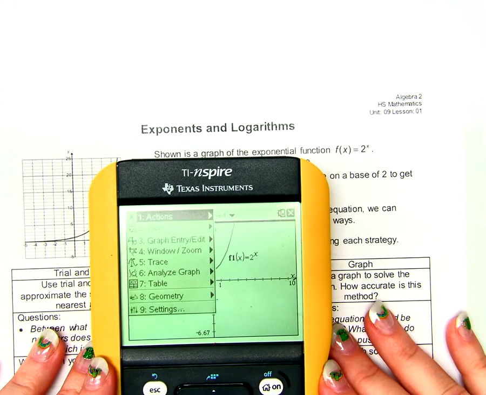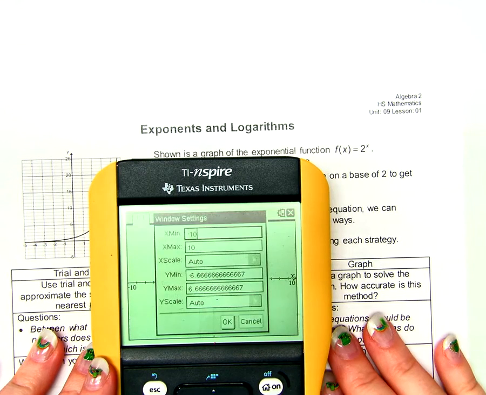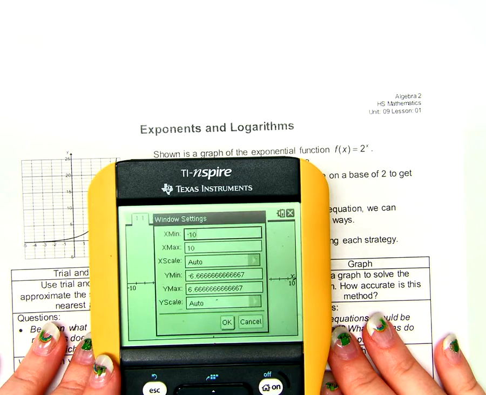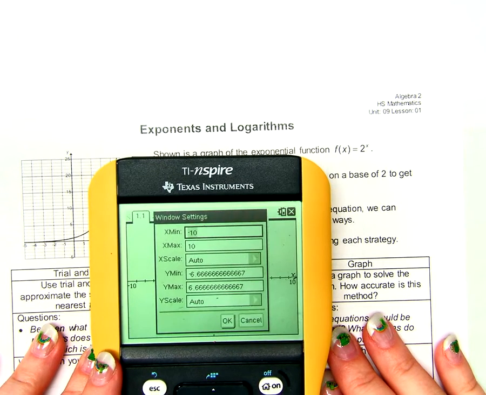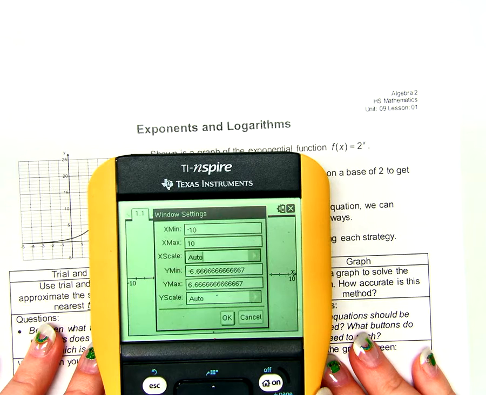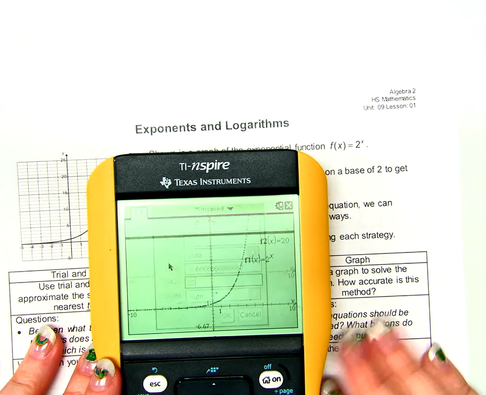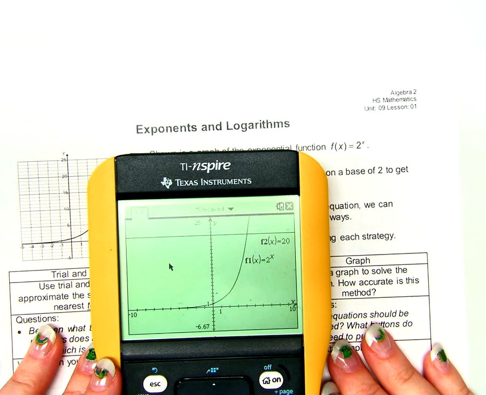Okay, menu, window, settings? So what do I need to change in my settings? My Y max needs to be over 20. 25? Is that okay or no? Okay.